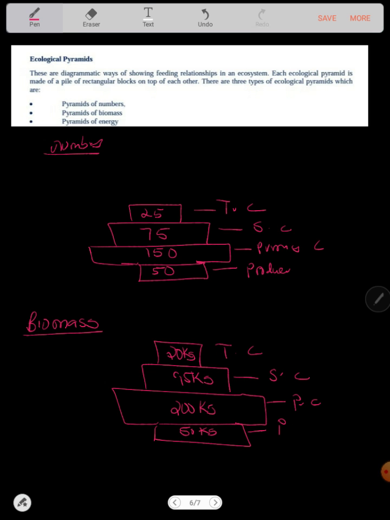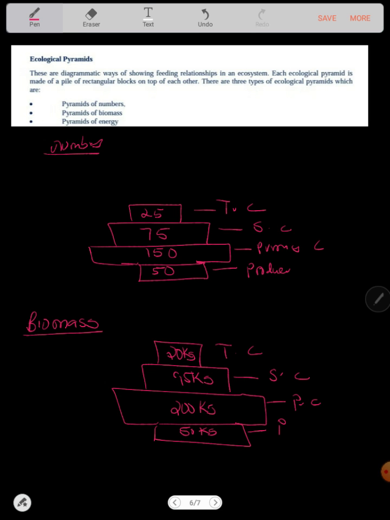Don't abbreviate when you write a pyramid. I'm just abbreviating because I don't have enough space to write. So when they say 50 kg, they mean all the producers at this trophic level are having a mass of 50 kg. All the primary consumers at this stage are having 200 kg. So this is just simple to understand.